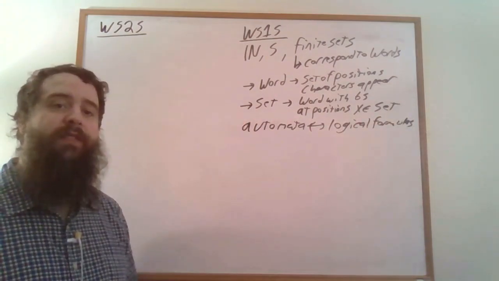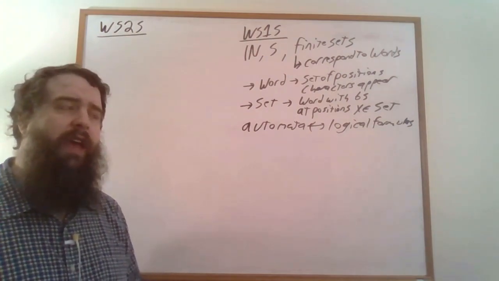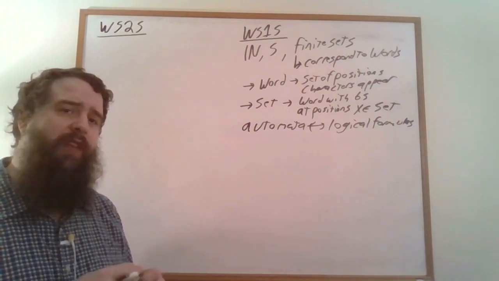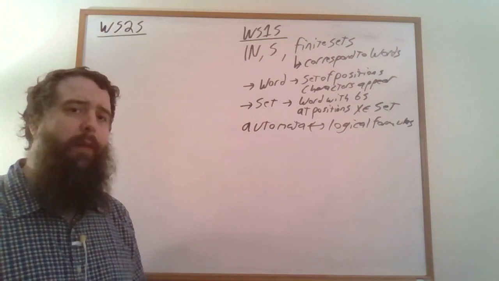So now we're interested in studying the weak monadic second-order theory of two successors. And I'm going to name those successors Successor R and Successor L, and we'll see why in just a moment.